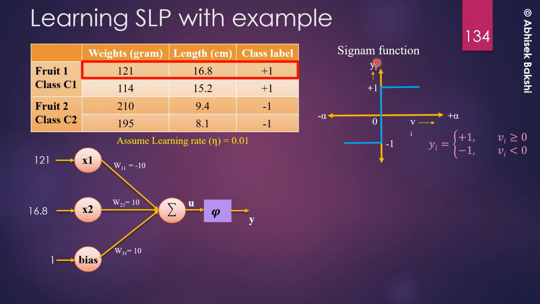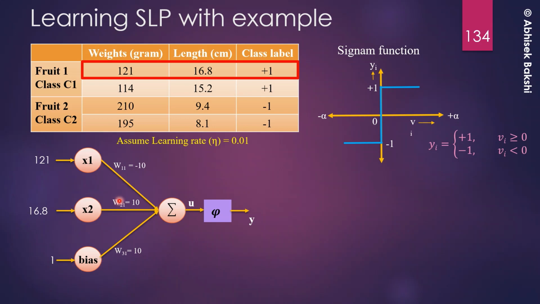Maybe if you consider some other class labels, the activation function may vary. Anyway, let's start with this particular pattern and assume the learning rate, which is eta, is 0.01. So we put 121 and 16.8. These two are features. Remember, this is my bias. It has to be there, and its value is always 1.